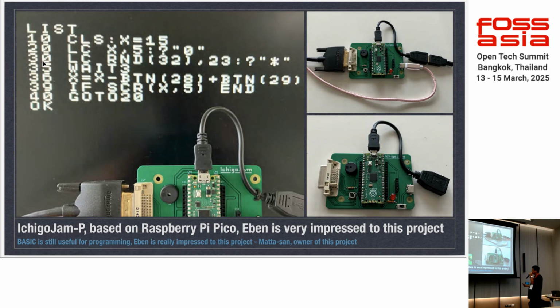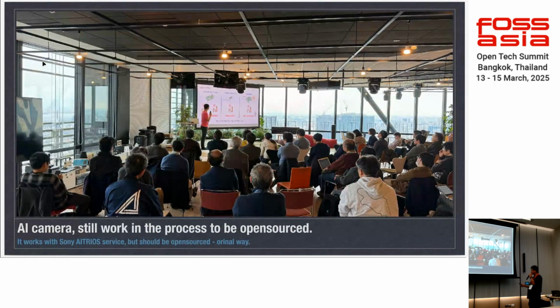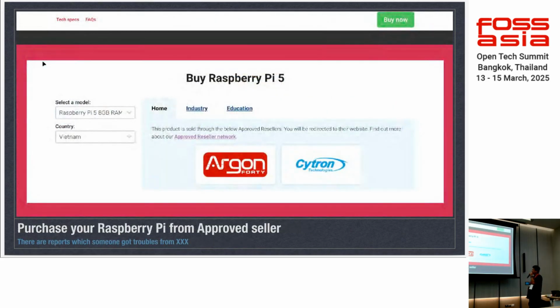It was good on the Raspberry Pi Pico and they are now trying to work on the Raspberry Pi Pico 2W, which has quite a lot of memory and is responsive. I would like to introduce our partners.